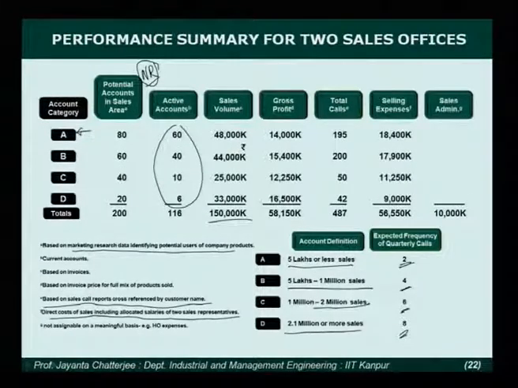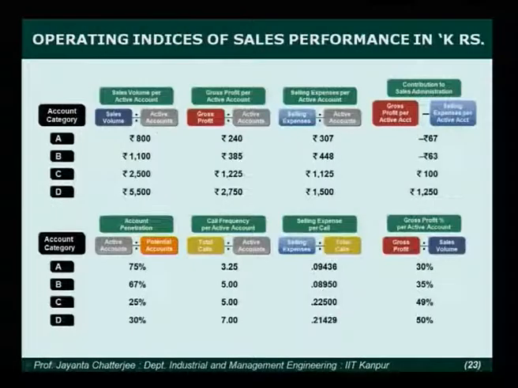Sales volume is 48,000, and we need to make 2 calls. Sales volume divided by active accounts, where the number of active accounts is 60, gives us 800. So this is sales volume per active account.